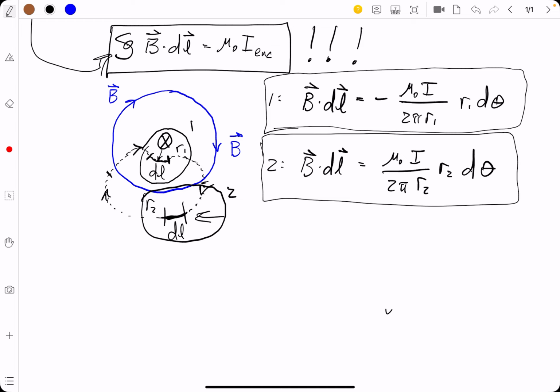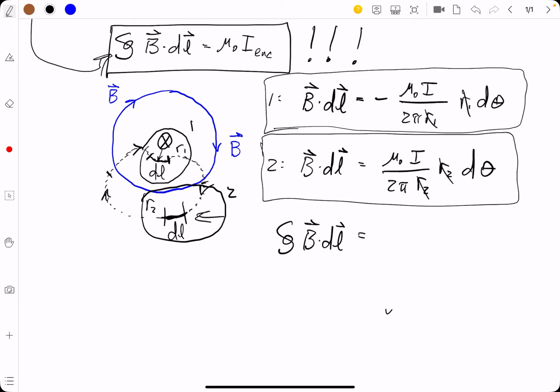And if you notice, the 2 radii cancel out, so we're really left with the complete closed loop integral giving us half positive and half negative.